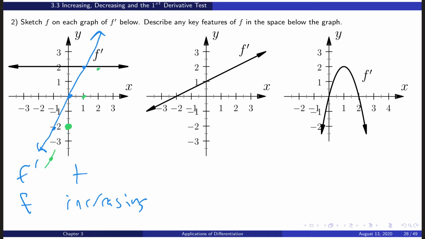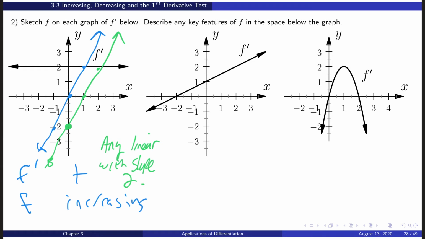So there is not a unique answer. It's any straight line that has a slope of +2. Any linear function with slope 2. That's the answer to the first one.